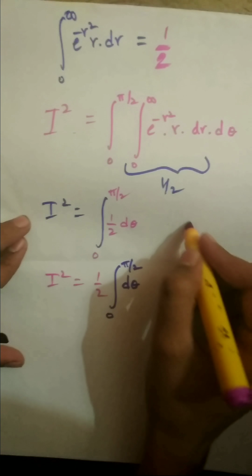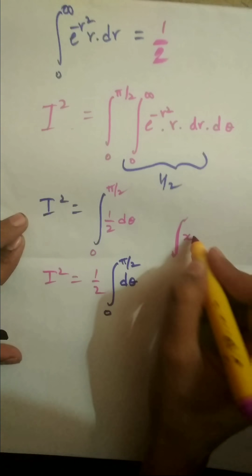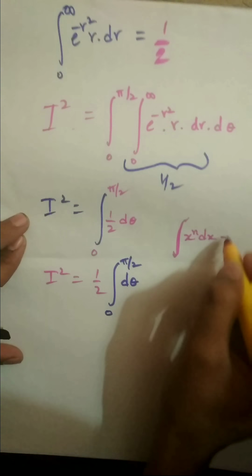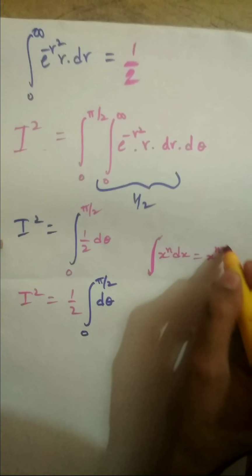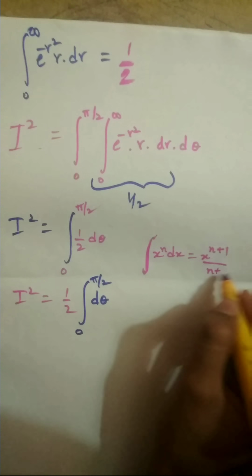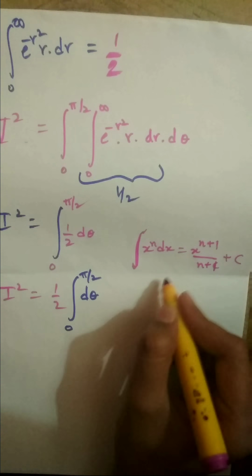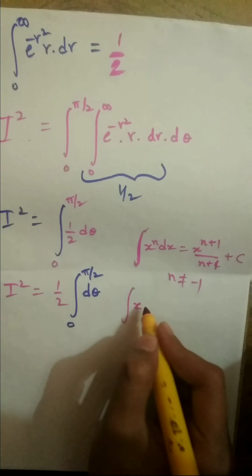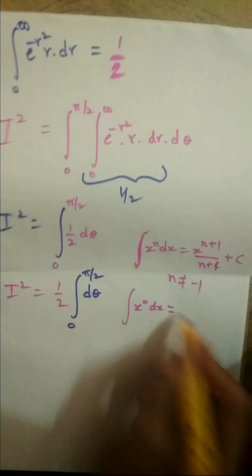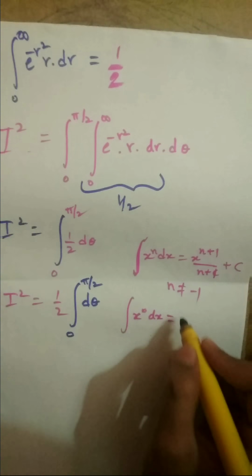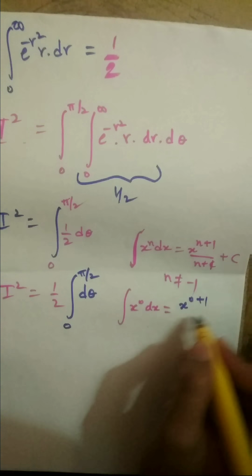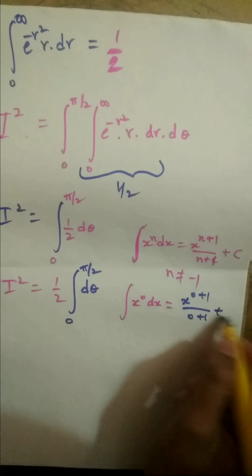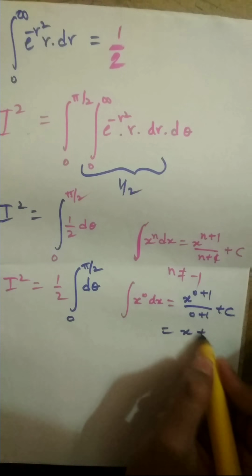Also integral x power n dx equal to x power n plus 1 by n plus 1 plus c for n not equal to minus 1. Here we have x power 0 dx, that is nothing but x to the power of 0 plus 1 by 0 plus 1 plus c, that is x plus c.